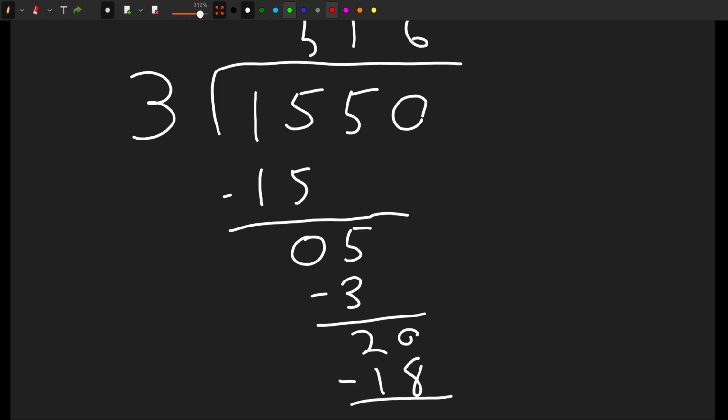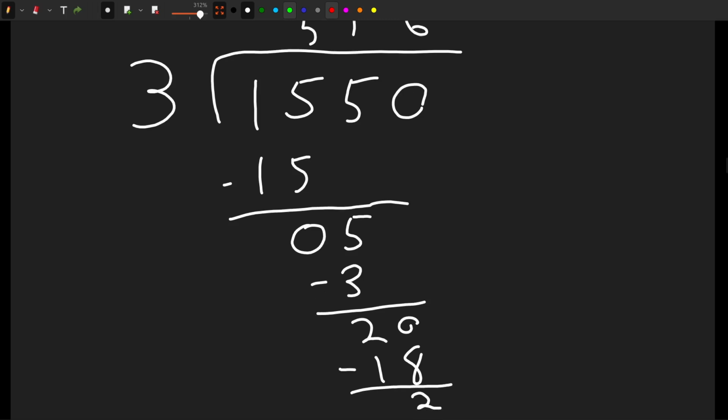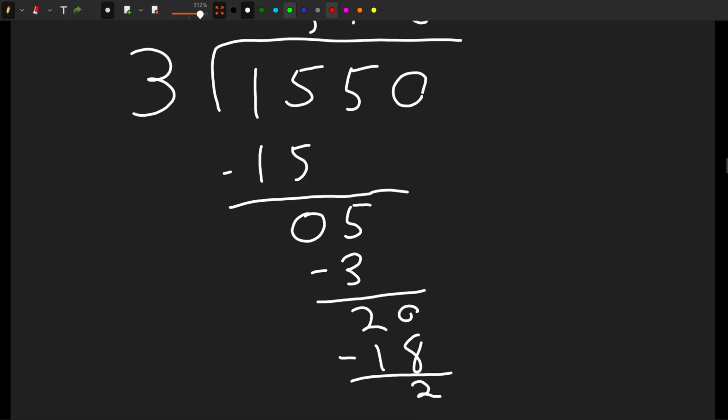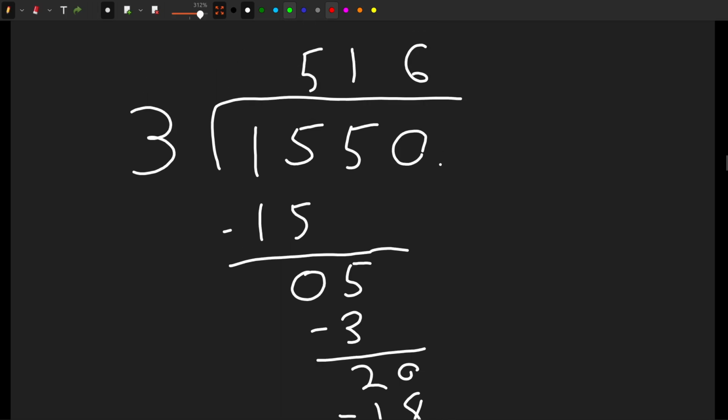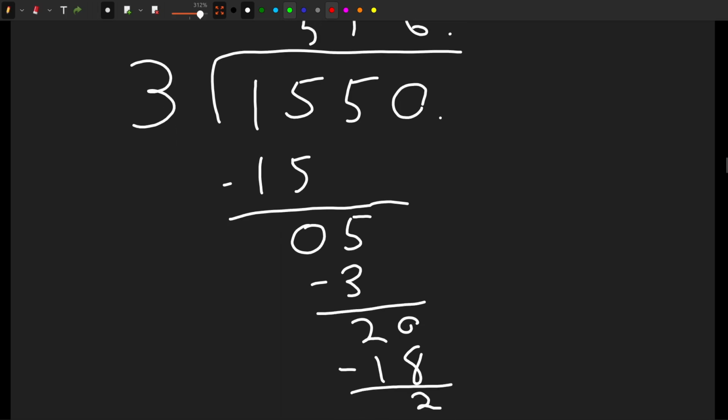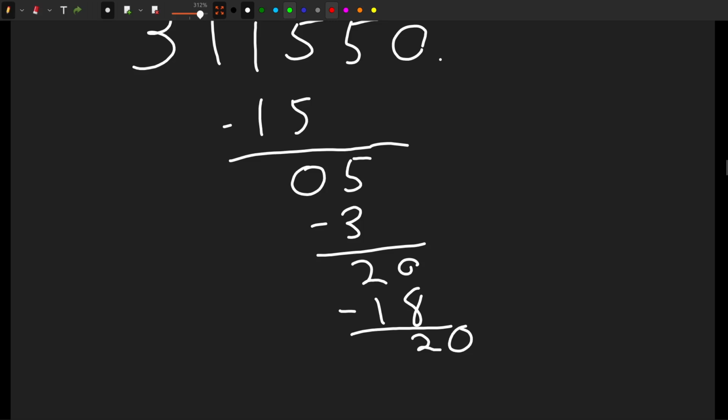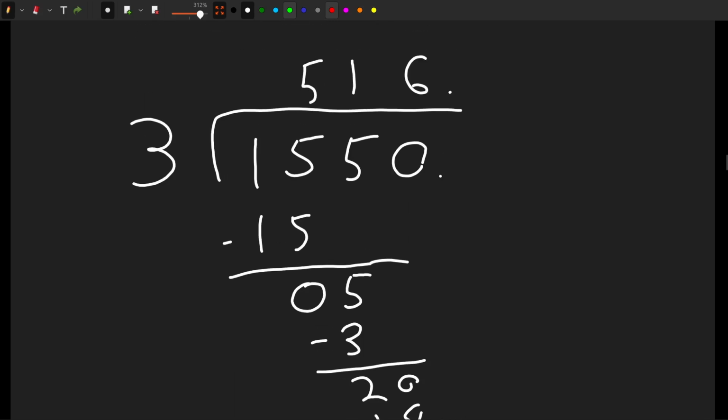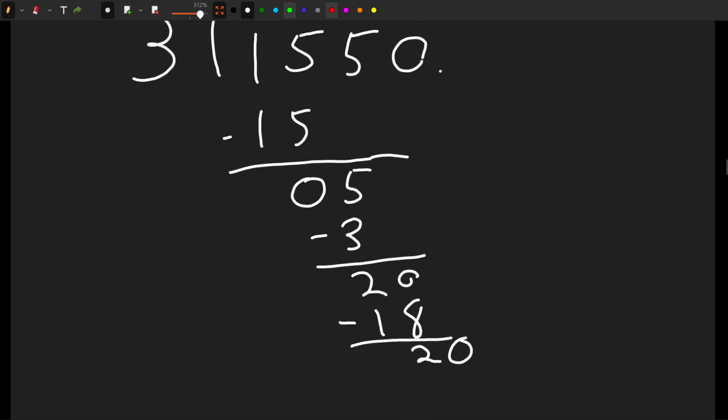And as we keep subtracting, right down here with the 2, we realize we're going to get the same number we started with, which is 20 again. So I need to add another 0. 3 goes into 20 6 times again. I get 18, and I'm again left with a 2.